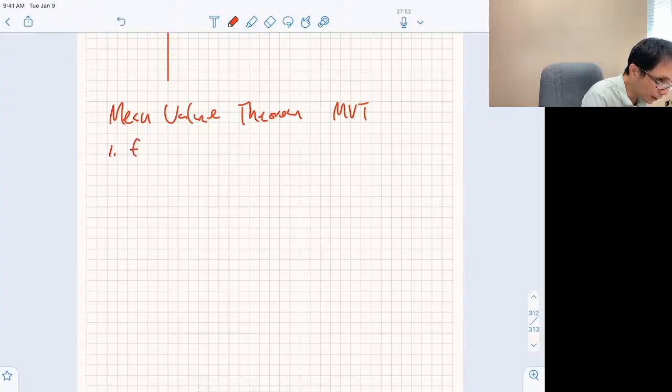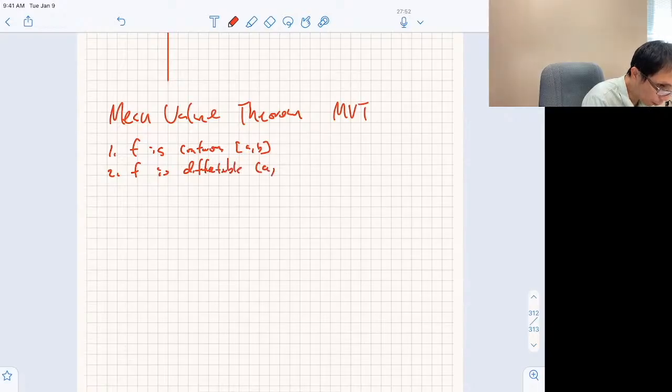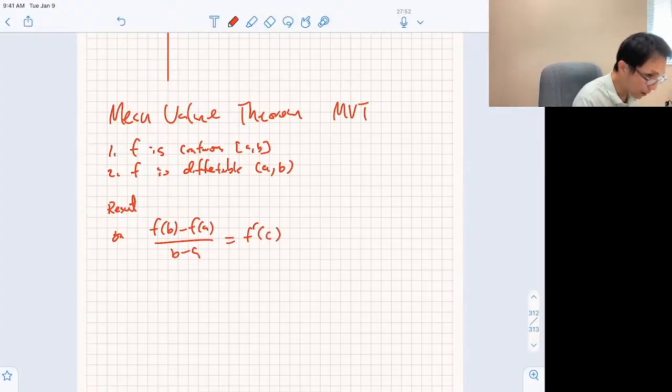It says F is continuous between A and B. And second, F is differentiable on the open interval (A, B), so not including A and B. And then the result is F of B minus F of A over B minus A equals F prime of C. So it's equal to that.